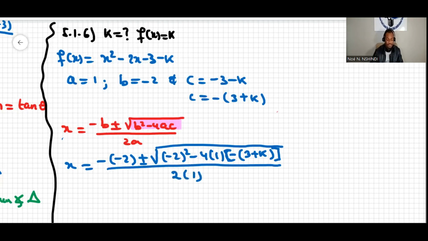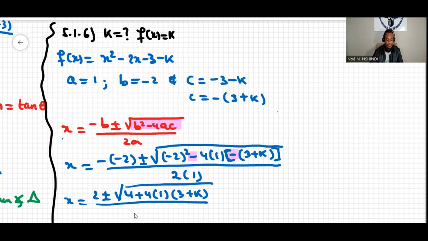Now, if we simplify this, this will be positive 2 plus minus square root of, that makes 4. And notice that this negative sign here and the negative sign there make it positive. So that makes plus 4 times 1 times 3 plus k, all over 2.